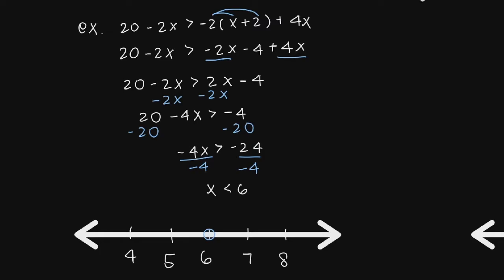And then we're going to be shading to the left since it's less than. You can shade, or I like just drawing a line on top. So this is how I usually do it. But you can also shade the number line. So here's one way, or you can also just shade this in. Either way is fine.